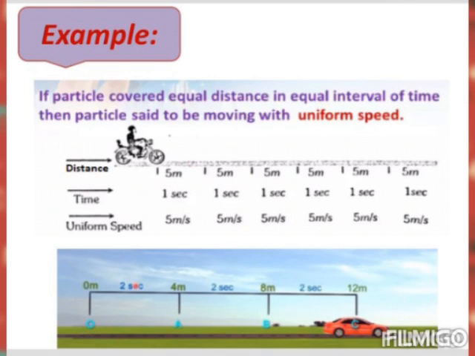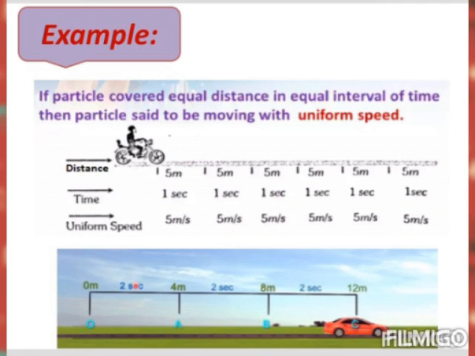I'll explain the uniform speed with an example. There is a bike rider who covers a distance of 5 meters in 1 second.